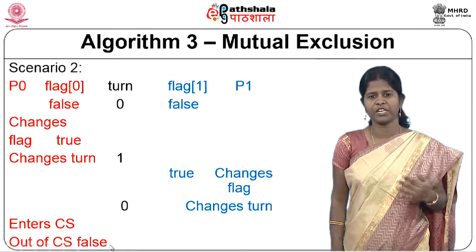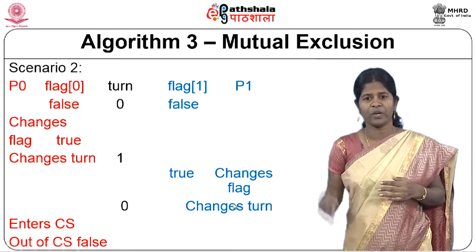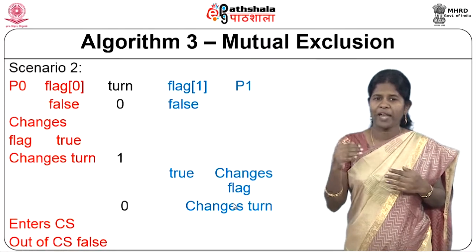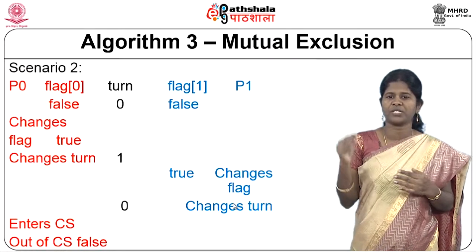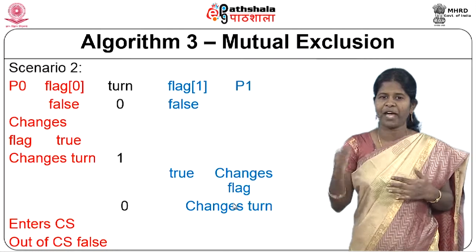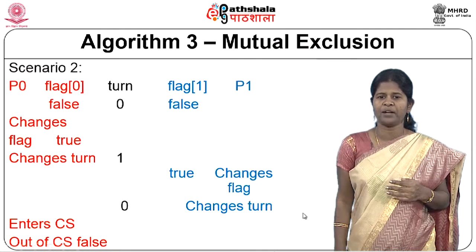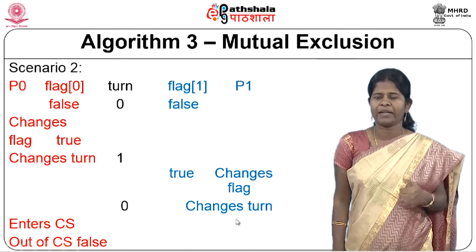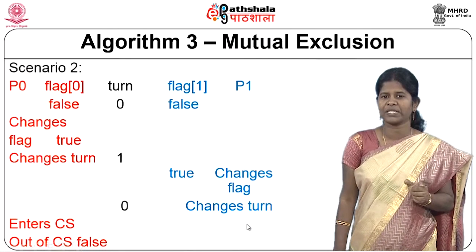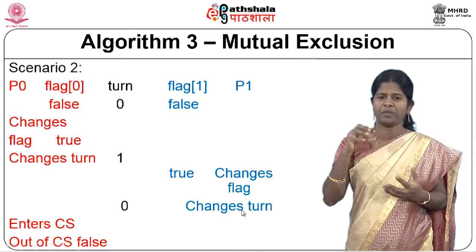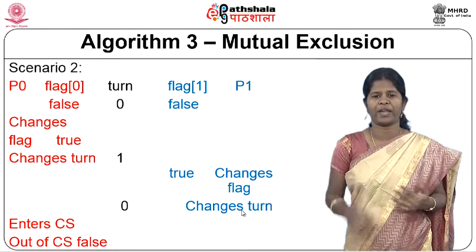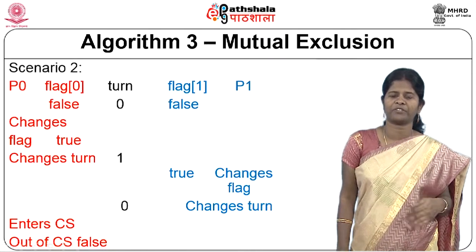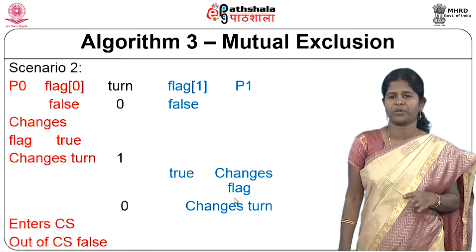So, when flag[0] is changed to false, P1, which keeps on checking that while loop, while flag[j] and turn equal to j, finds flag[j] for P1, that is flag[0], has become false, and hence that while condition becomes false and P1 can enter critical section. So, once process P0 comes out of critical section, P1 is allowed to enter critical section.